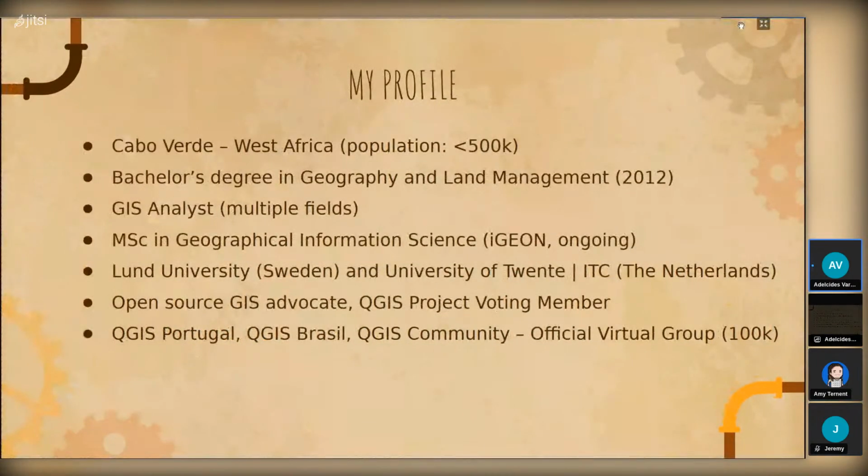As I said, I have been working as a GIS analyst in multiple fields, as my training is in geography. So I've been working in agriculture, environmental, social activism, disaster risk reduction, water and sanitation, and so on, in areas where GIS is needed, and there are not many people in my country that have the technical knowledge.